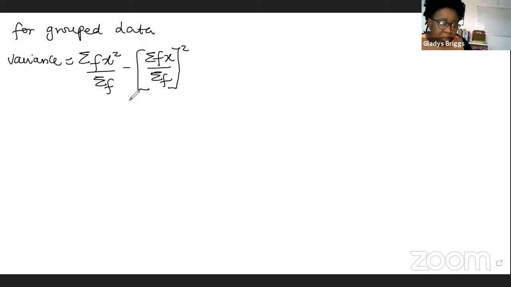Now I'm going to show you an example of how we apply the formula to grouped data. Let's say we have this data right here, which represents hours worked.